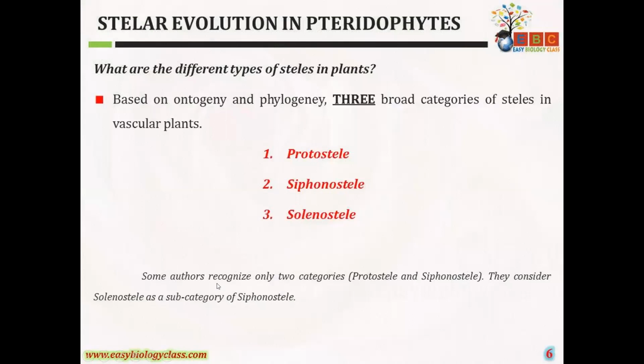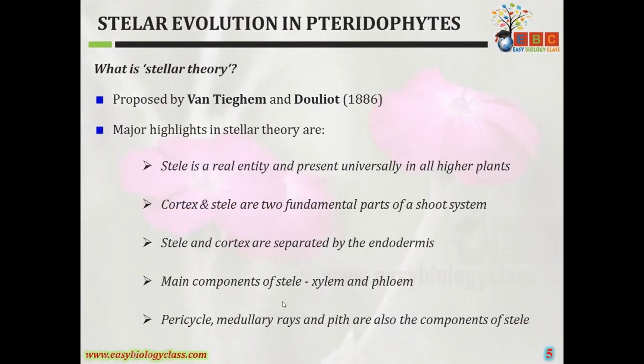The main components of the stele are xylem and phloem, but along with these, pericycle, medullary rays, and central pith or medulla may also be present as components of the stele.